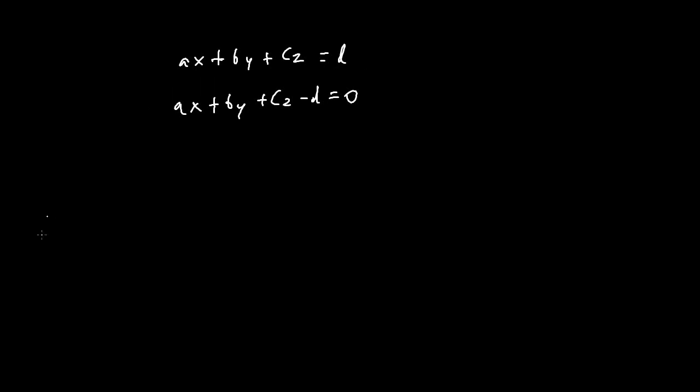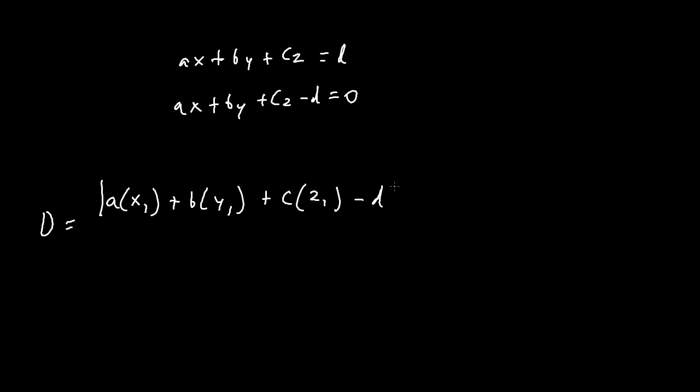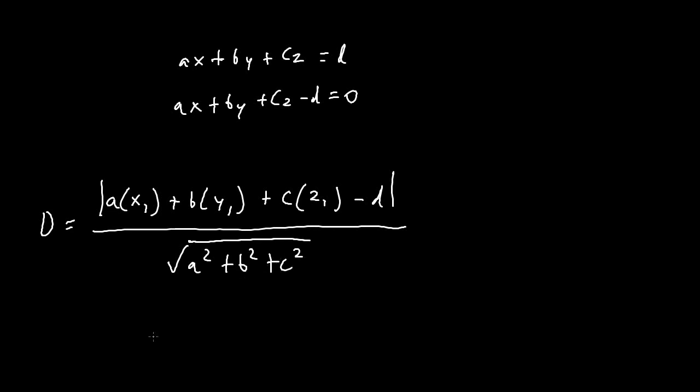So the distance formula here is going to be equal to the absolute value of a times x1 plus b times y1 plus c times z1 minus d, all over the square root of a squared plus b squared plus c squared.